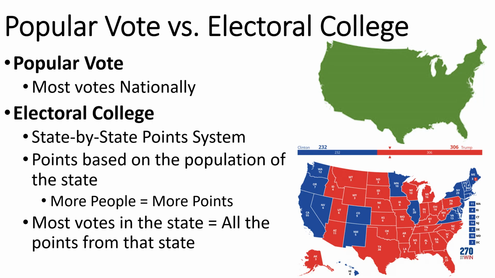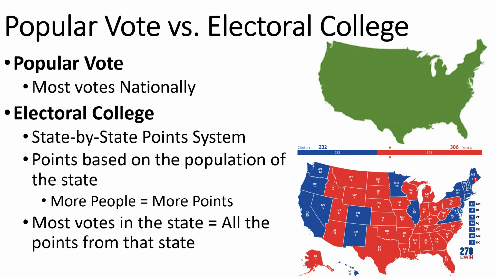If you win that state election by 1 vote, you get all the points. And even if you tallied up millions and millions of votes, but still lost by 1, well, then you get nothing. You can bank a lot of votes in a state, but if you do not get the majority in that state, you get 0.